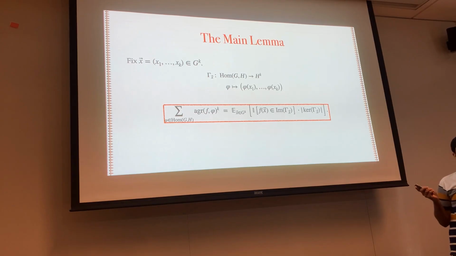Is the statement clear? Right. So for any tuple, you get a map gamma_x. That's the size of the kernel, and this is an indicator of whether f(x) lies in the image. f(x) lying in the image is basically the same as saying f agrees with some phi on these k points.